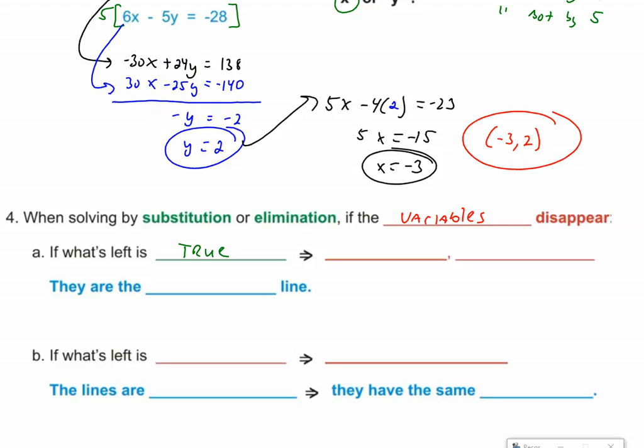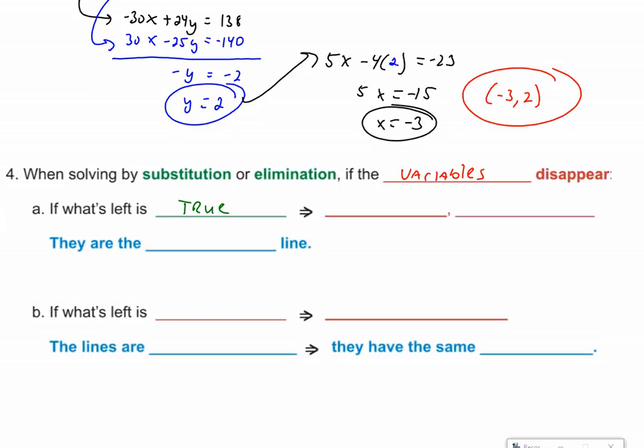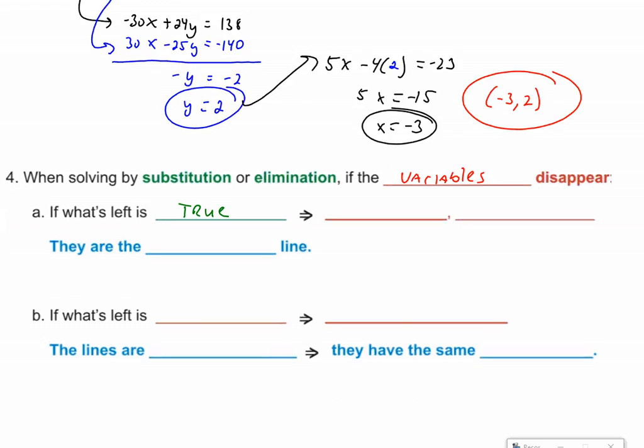So whenever it's true, what's got to be the situation? Come on, think. What logically makes sense? Think about systems. Think about the possibility of linear systems. And therefore, what must be the condition if we get a true scenario?